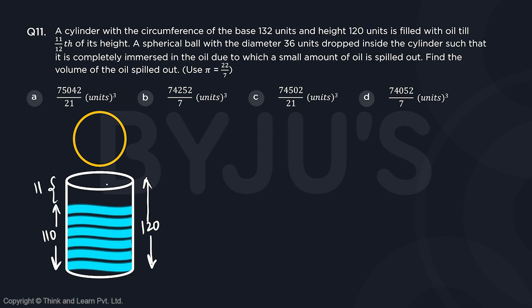Now the circumference of the base, let's assume the radius to be capital R. So the circumference of the base is 132 units. So from here we will get the value of R as 132 upon 2 pi. Looking at the options and in the question given, we will have to take pi as 22 upon 7.